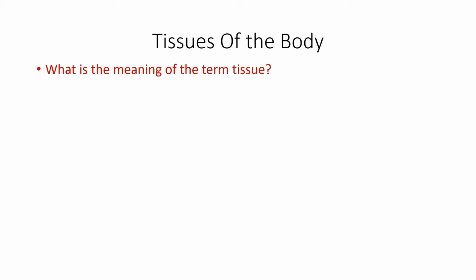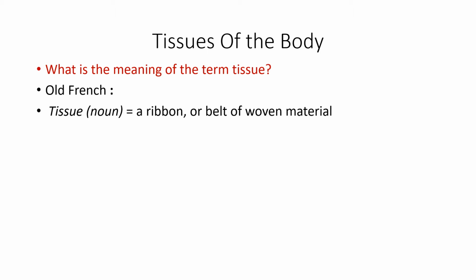So, what is the meaning of the term tissue? It is derived from Old French. Tissue as a noun means a ribbon or belt of woven material.